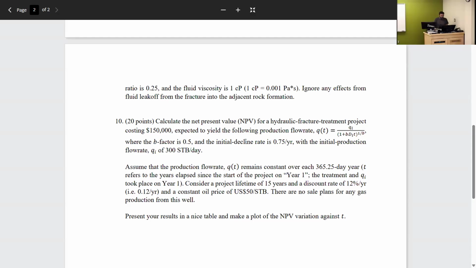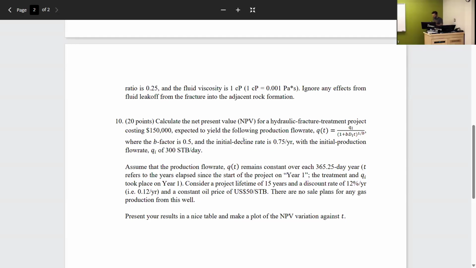It's going to be qt, which is basically q2, 300 divided by 1 plus b times D. b is 0.5, Di is 0.75, and t refers to the years elapsed since the start of the project. So it's going to be 2 minus 1, which is 1. So t is 1. And you solve for the rate, which should be smaller than 300 stock tank barrels.